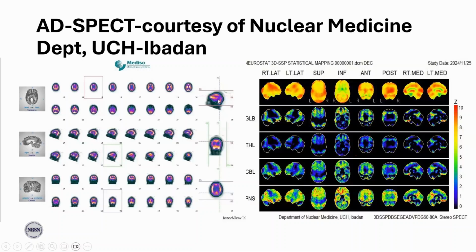But areas that are hypoperfused will have a paucity of this color coding. So basically, in this image here of the patient that was seen in UCH, we can appreciate paucity of color coding in the posterior parieto-occipital and the parieto-temporal region.